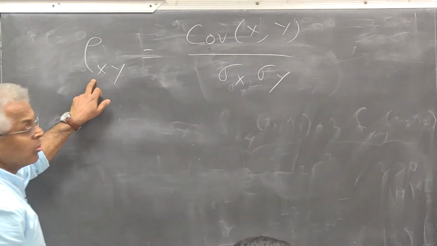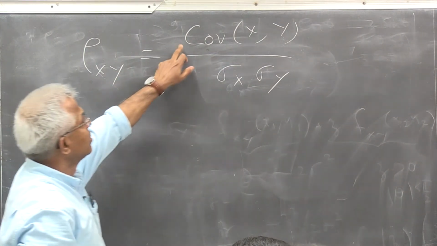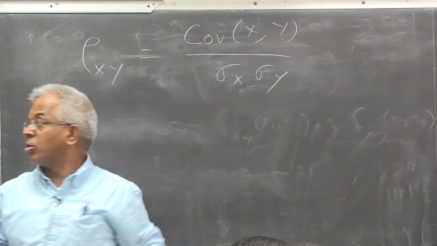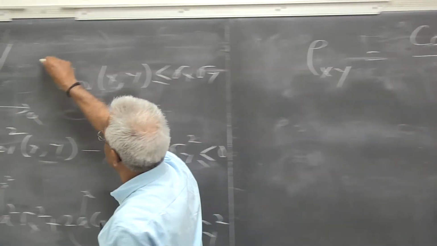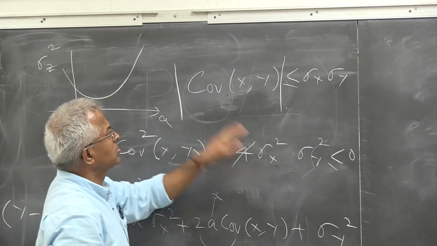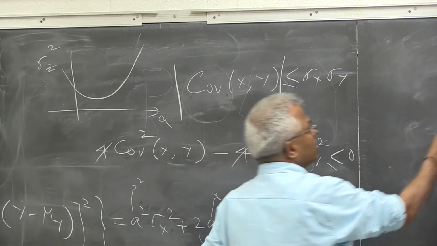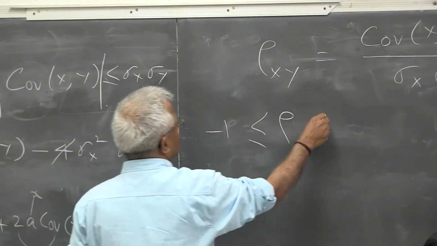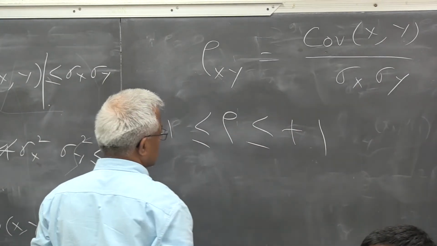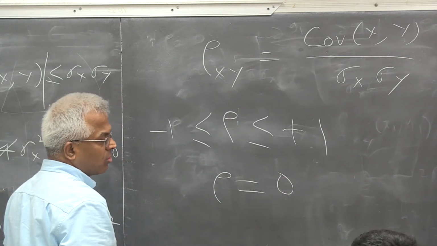So what will be the bounds on this rho? Remember, covariance squared is less than or equal to sigma x squared sigma y squared. Covariance could be plus or minus, so rho would be between minus 1 and 1. Rho equal to 0 is a special case.